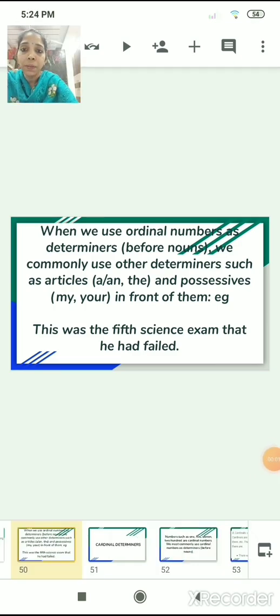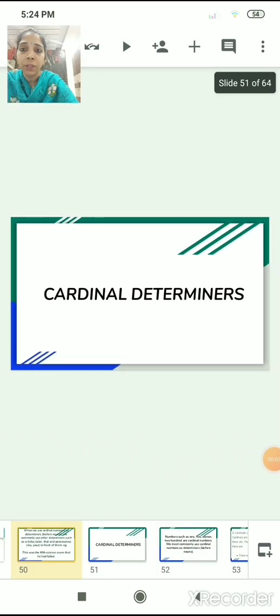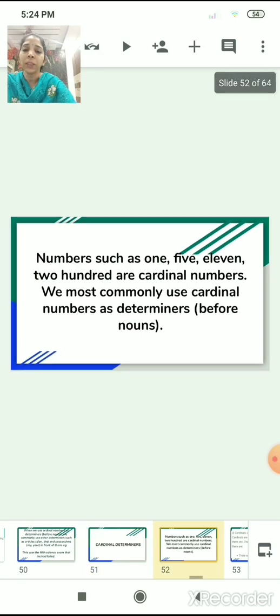So now let's move ahead and start with the next determiner, cardinal determiners. Now students, numbers such as 1, 5, 11, 200, 500, they are cardinal numbers. We most commonly use cardinal numbers as determiners before nouns. Numbers are one kind of determiners.